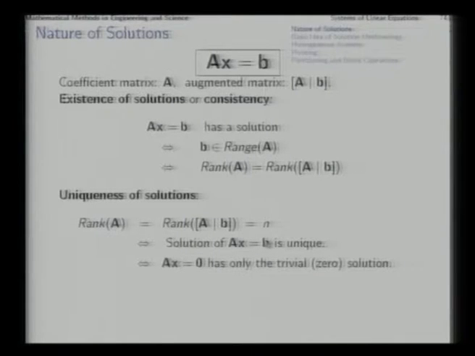In particular, that is true for B equal to 0 as well, and that shows that A x equal to 0 also has a unique solution. And we already know that x equal to 0 certainly satisfies this equation system, whatever may be the A matrix, and therefore, in that case it will mean that its unique solution is the 0 solution or the trivial solution.